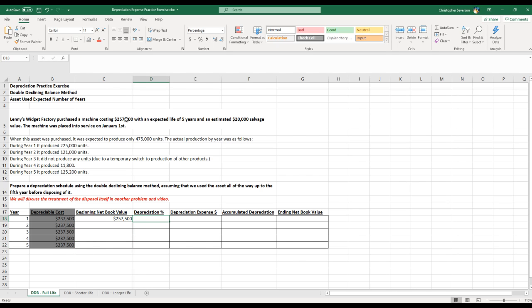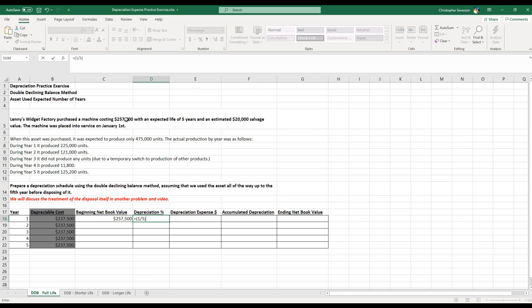The depreciation percentage. This becomes important for double declining balance method, but what we're doing here, the rate is going to be double the straight line rate. That's where the double declining balance comes into play, that term. So what we would do, if you recall from the straight line method calculation, we took 1 divided by the number of years in the asset's life, 5 years, 1 as in 100%.